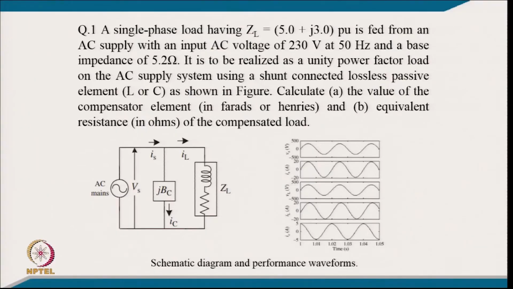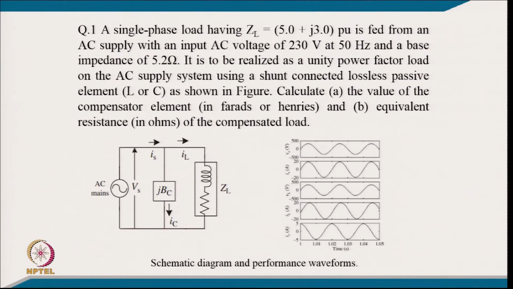So, let us come to the first numerical example, which is on the power factor correction of single phase. If you look into the problem, it is a single phase system having a load impedance of 5.0 plus j 3.0 per unit.